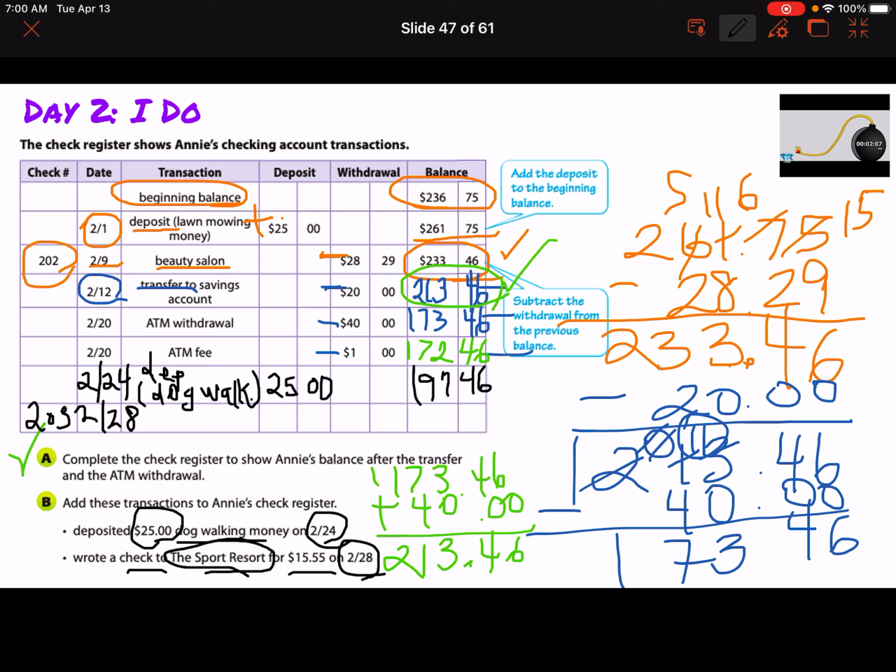Check number 203. And that is a check to the sport resort. And since you're writing a check, it's in the withdrawal of $15.55.